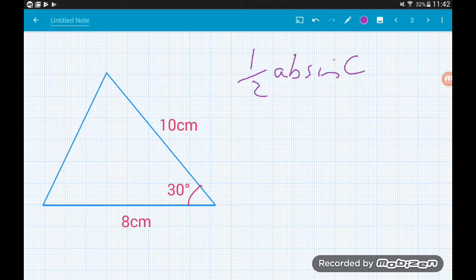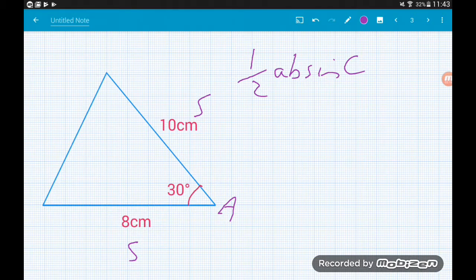All that we're doing, if we have a triangle where we know side, angle, side, so for example this 10 centimeter is one of our sides, then we know the angle in between them, and then we know another side, all that we are doing is 1/2 times one of the side lengths times the other side length times sine of the angle.